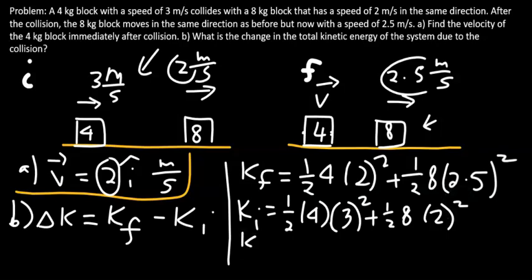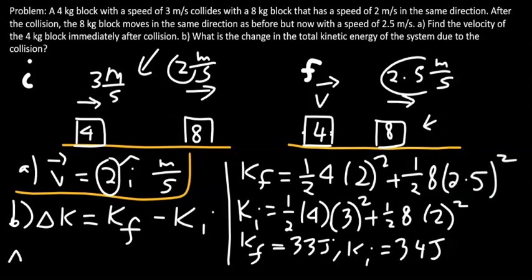So you get the final kinetic energy to be 33 joules, and the initial kinetic energy turns out to be 34 joules. So that means the change in the kinetic energy of the system is 33 minus 34, so minus 1 joule. So there is a certain amount of energy lost during the collision.